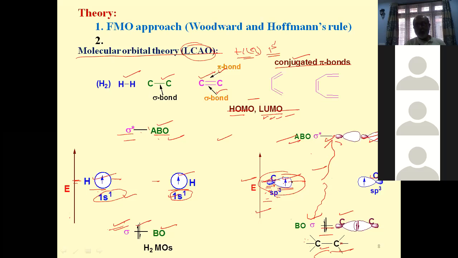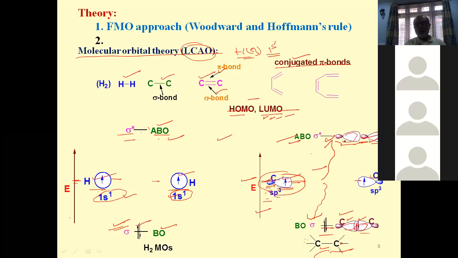Overlap will take place only when the same phase come together. So in the bottom, you find that this phase and this phase having the same phase, similar phase, they will overlap. But when you go to the other one, this one on the top, this is one phase, but this is coming with another phase, opposite phase.